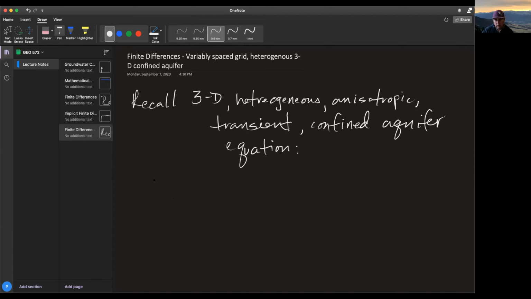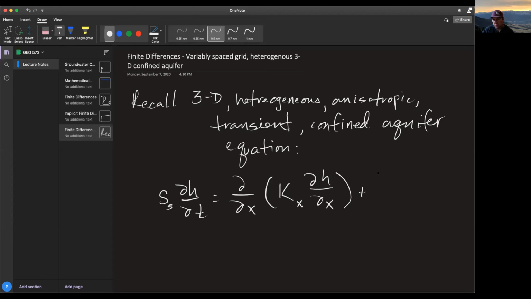All right, so it's transient. So we have Ss dh/dt. It's heterogeneous, so our hydraulic conductivity varies with space. It's anisotropic, so we have a hydraulic conductivity specific to travel in the x direction. And it's 3D, so we have this for each direction.